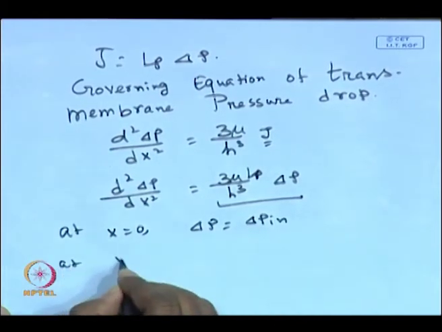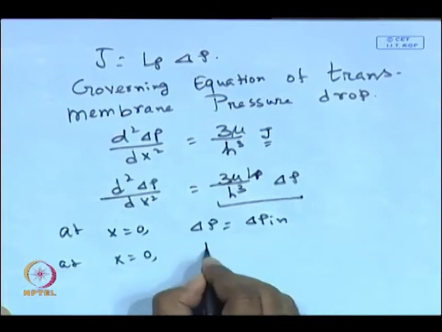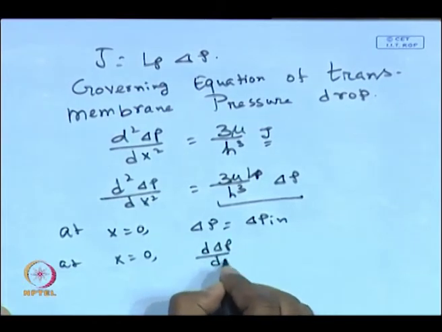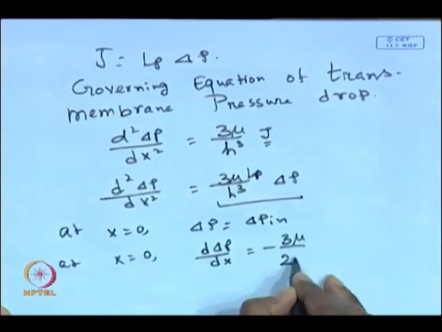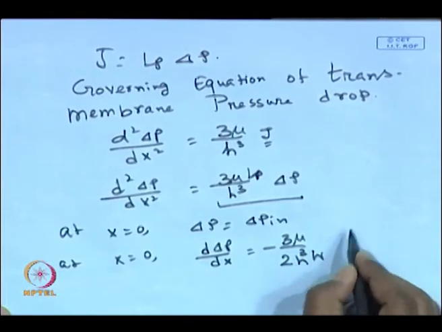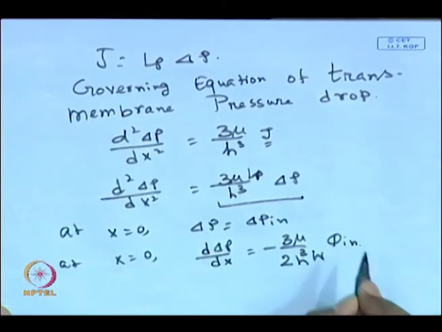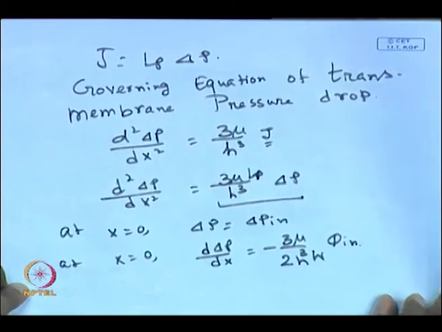At x is equal to 0, d delta p dx will be nothing but 3 mu divided by 2 h cube w times Q in. Let us see how this can be tackled.